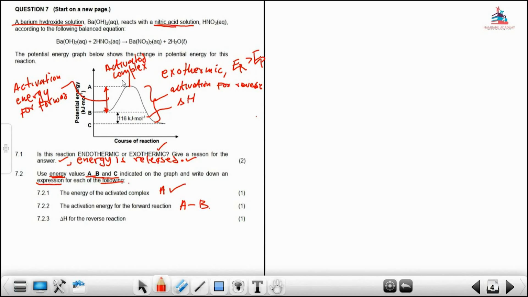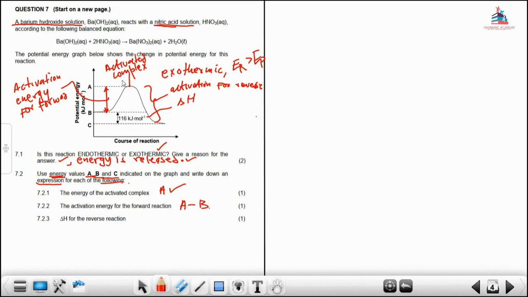Now, delta H for the reverse reaction. AC.